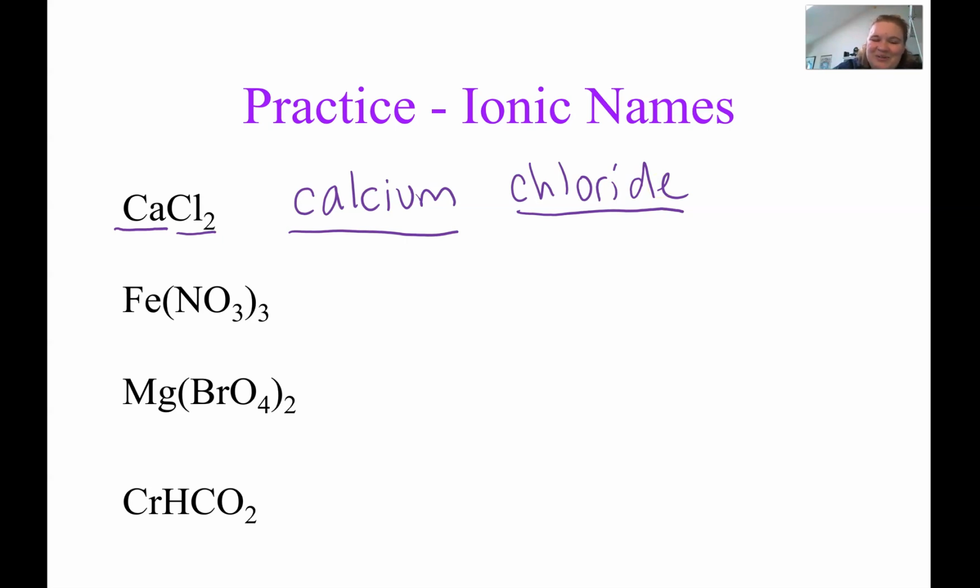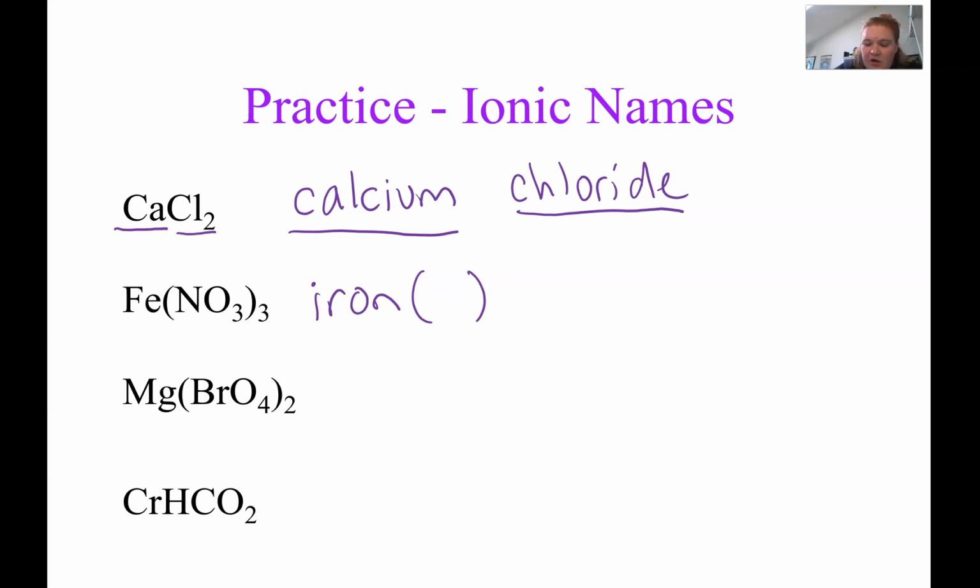So definitely started with an easy one for us. So what about the next one? Fe. We know Fe is iron. But I also know that iron is one of my transition metals. So I know that I'm going to need to put its charge in brackets there. So I'll leave that open for a second. NO3.